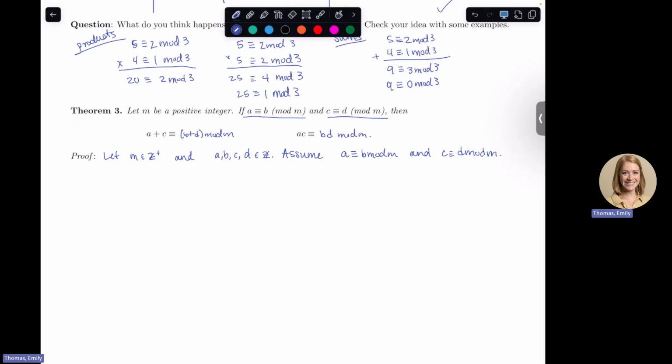A minus B. Keep going. So then A minus B equals MK and C minus D equals ML for some integers K and L.